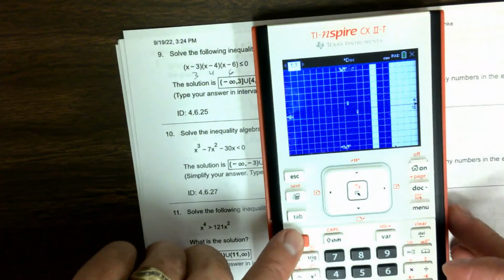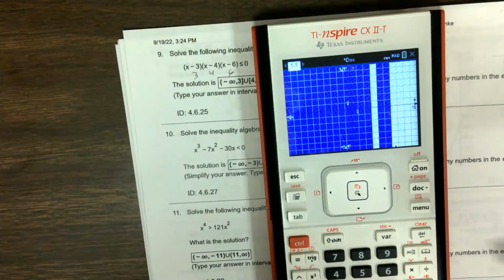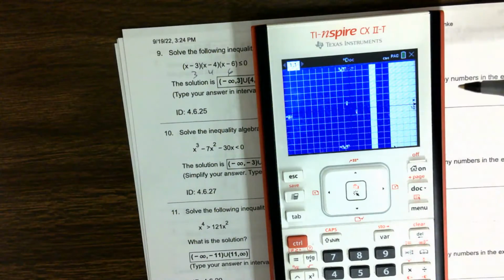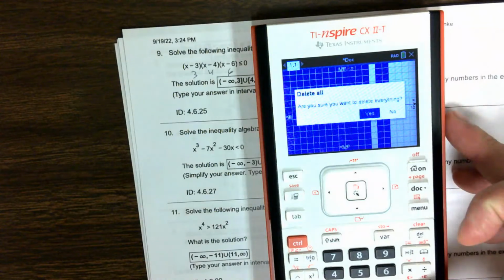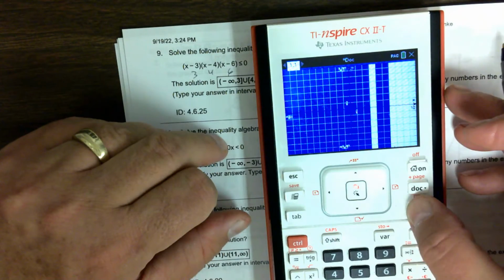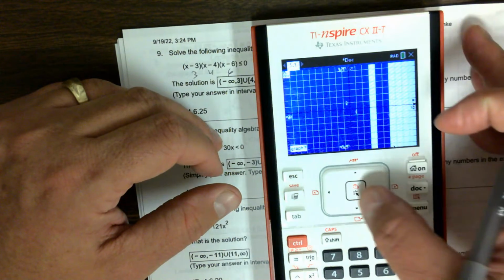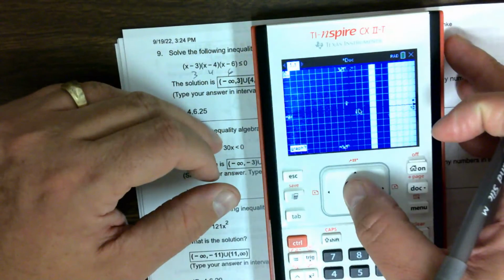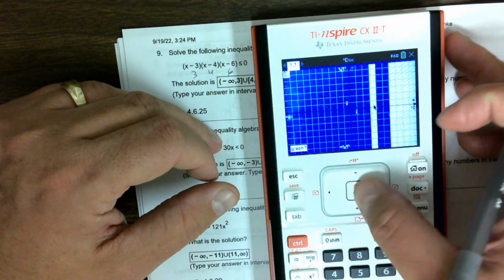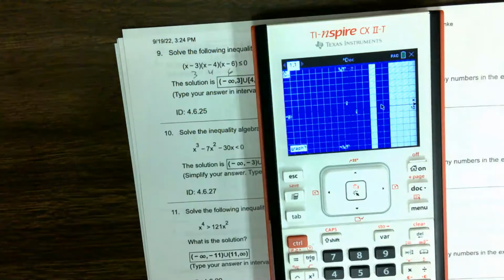Remember, a disadvantage of relation mode is you can't go to your table. Whoa, that was about to be delete all. I was trying to analyze it and go to the 0. It's asking which graph. See, it's harder to deal with if you do it with relation.